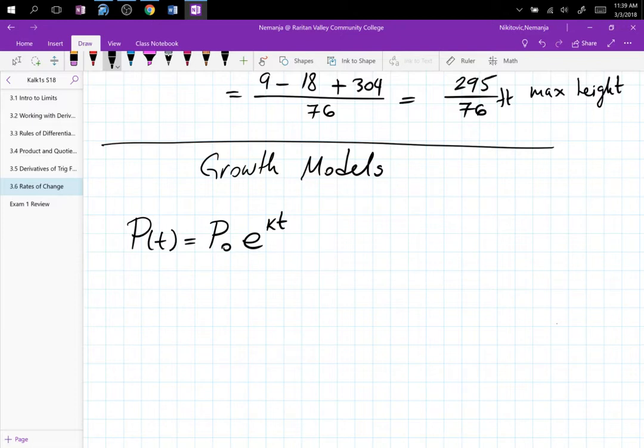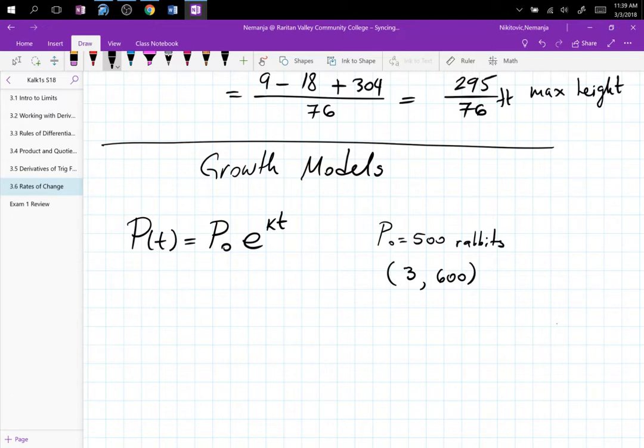They tell you that the initial population for, I don't know, rabbits is 500. So P0, 500 rabbits. And then if you waited, let's say, 3 years, there was 600 rabbits. You can use this information to come up with the formula for the population growth for this colony of 500 rabbits that became 600 rabbits.